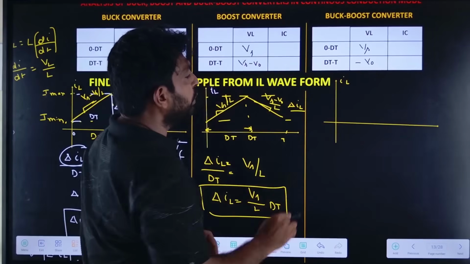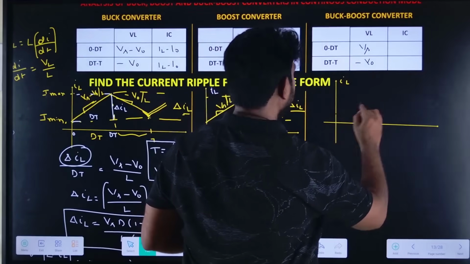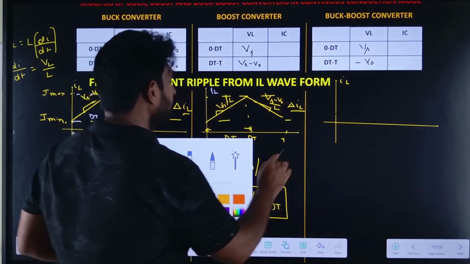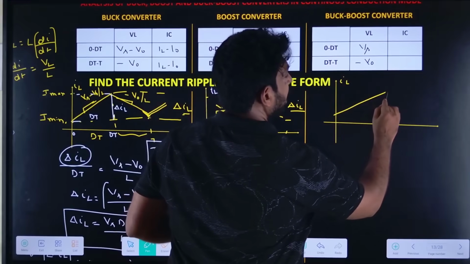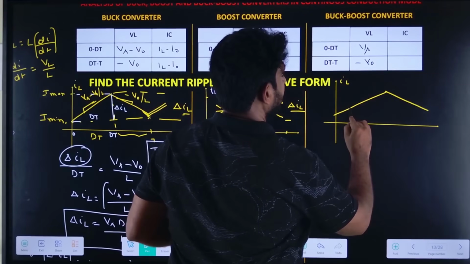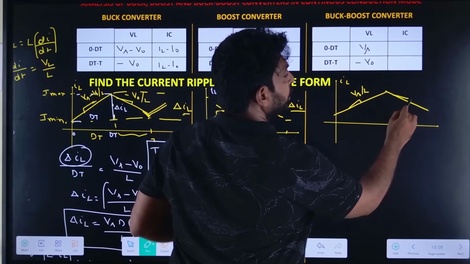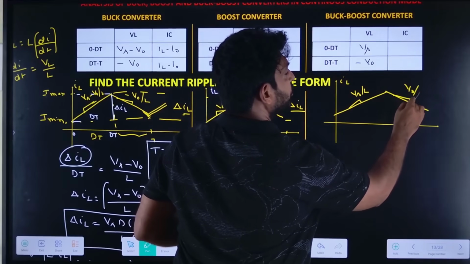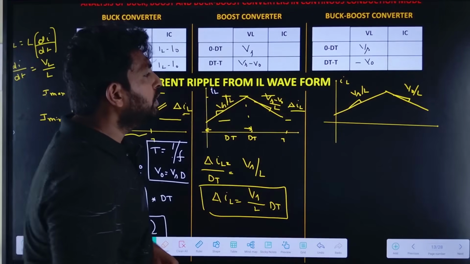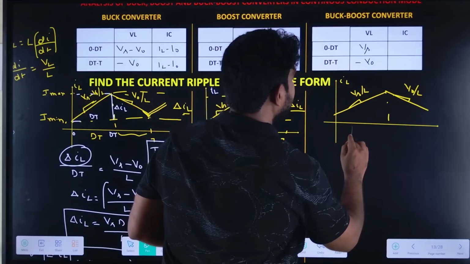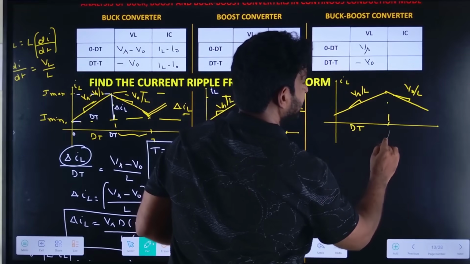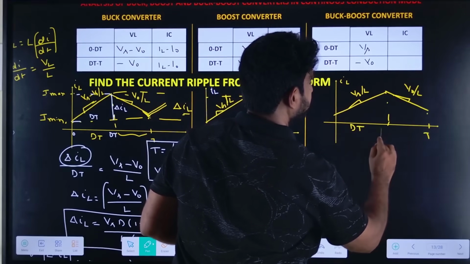So if I draw the graph, this slope will be Vs by L, and this slope will be minus V0 by L, a decreasing slope. Here it will be the dt period, and this is the t period.